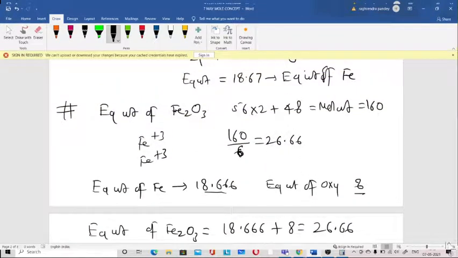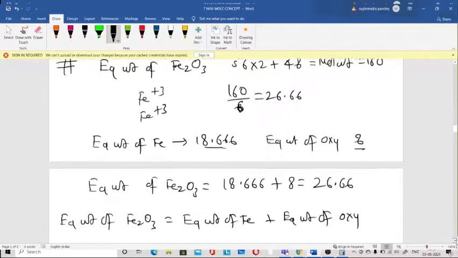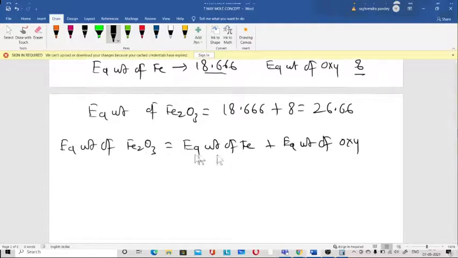So this is another concept of equivalent weight, and it will be applicable to most of the compounds. Have you understood this one? Got it?